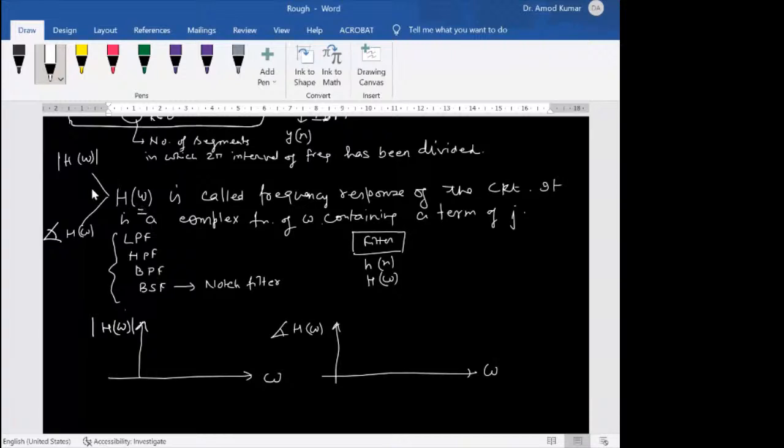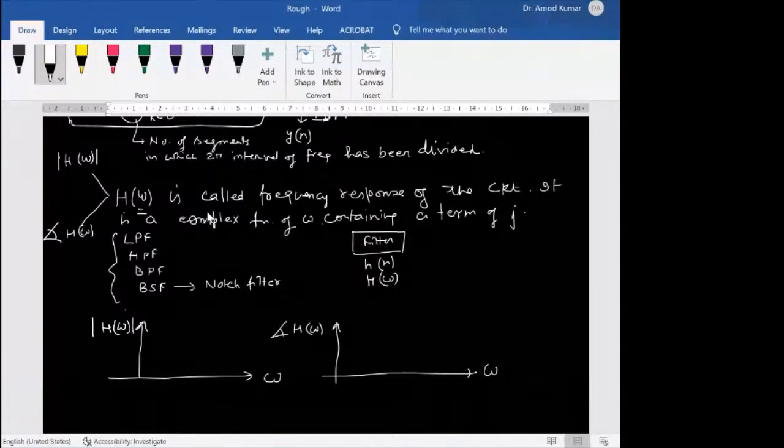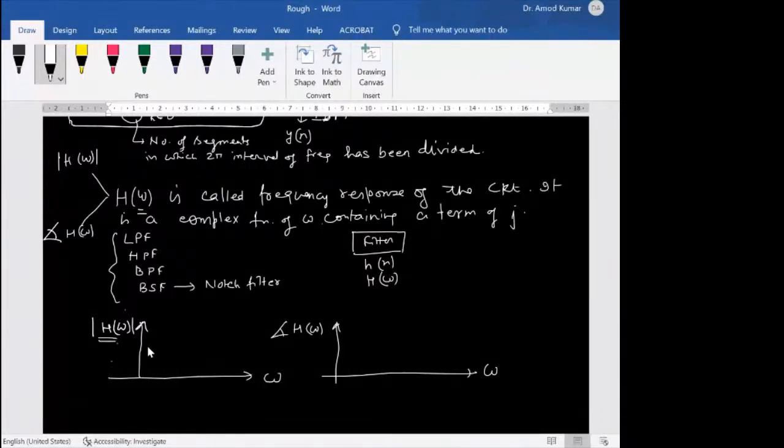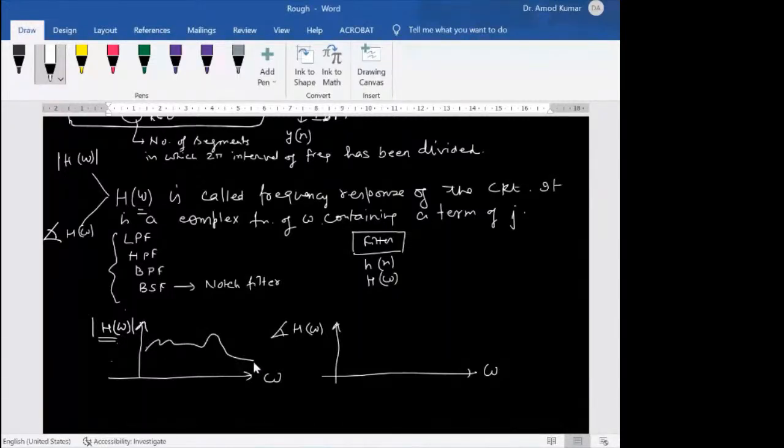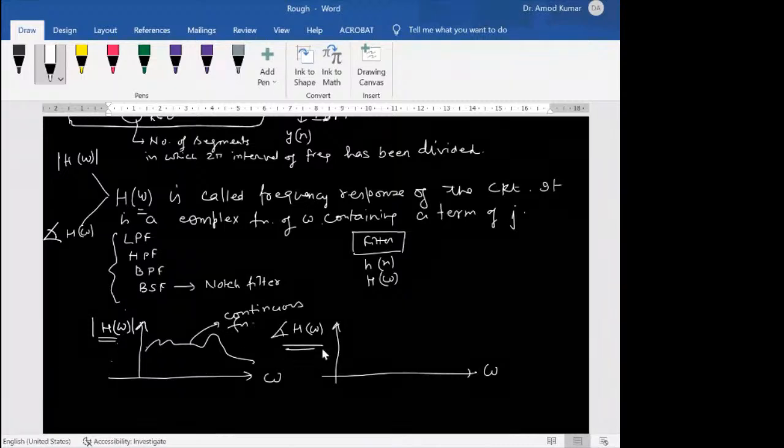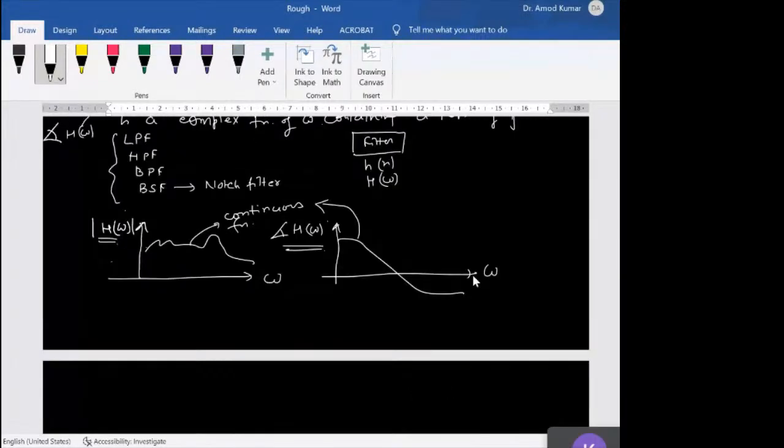Whenever you take the DTFT of something, that is a continuous function of omega. So this mod H omega will be a continuous function of omega, not discrete. Similar is the case with the angle.